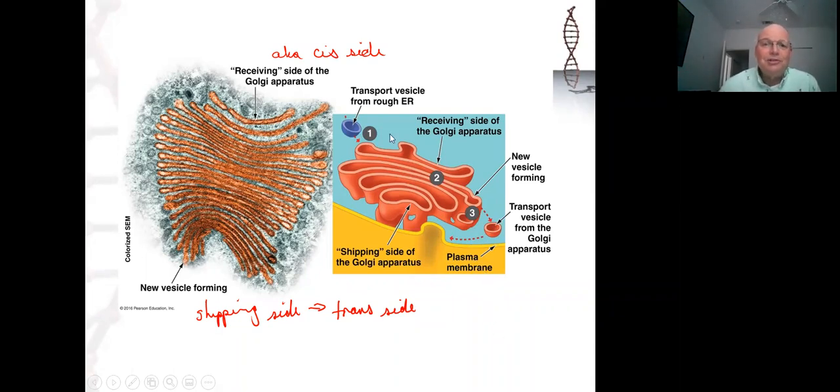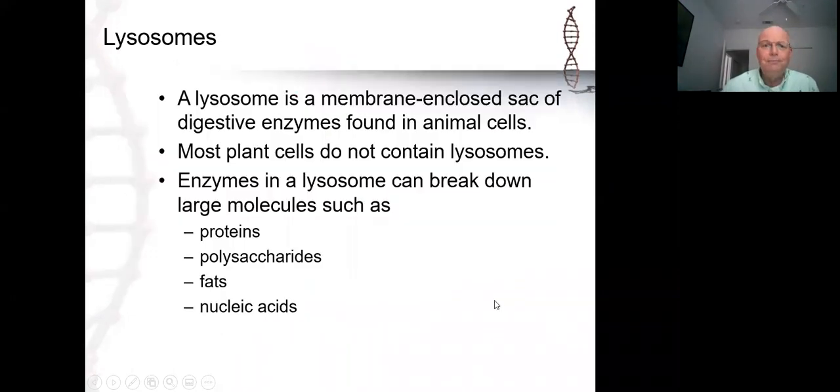So this is the cell's warehouse. It stores, it ships, it repackages, it chemically modifies. That's the role of the Golgi. The lysosomes then are a specialized type of transport vesicle. Their job is not so much to carry things to a final destination inside the cell.